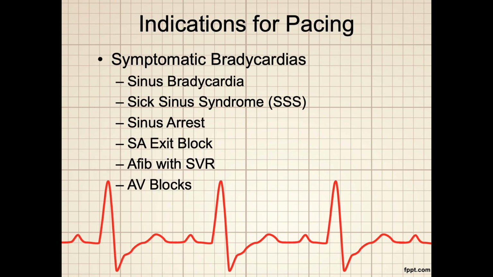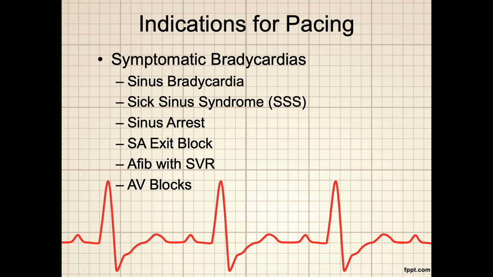Conditions requiring consideration of the use of a pacemaker, temporary or permanent, include symptomatic bradycardias from such sources as sinus bradycardia, sick sinus syndrome, sinus arrest, sinoatrial exit block, atrial fibrillation with slow ventricular response, and atrioventricular blocks.